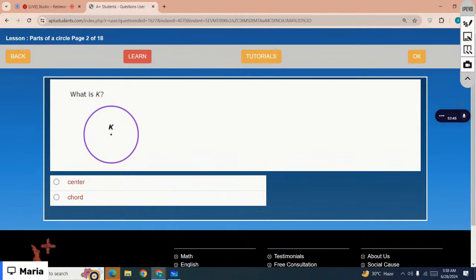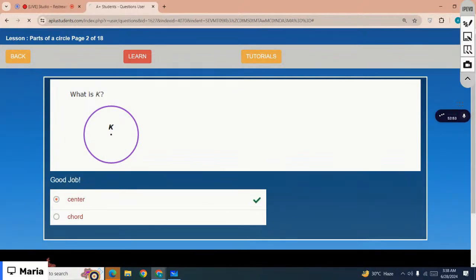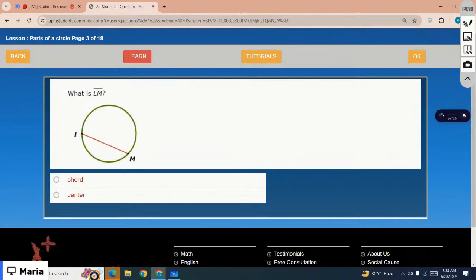What is K? Yes, K is the center of the circle. The correct option is center. What is LM, chord or center?